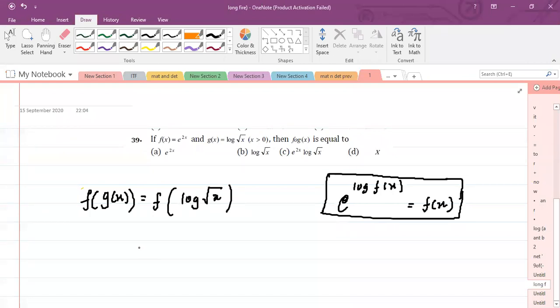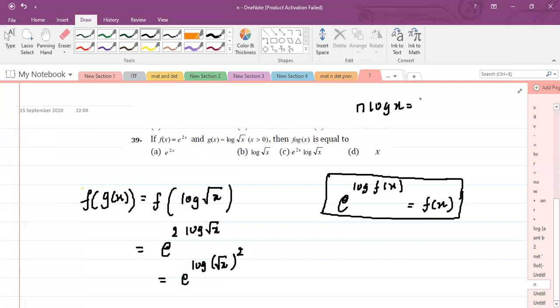The f function will convert it to e raised to 2 times log root x. Now by properties of logarithm, this is e raised to log of root x the whole square. I have already explained this property: n log x is equal to log x raised to n.